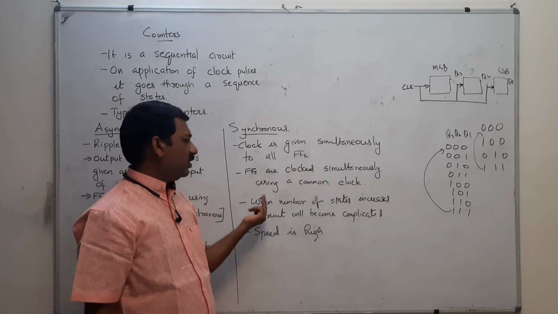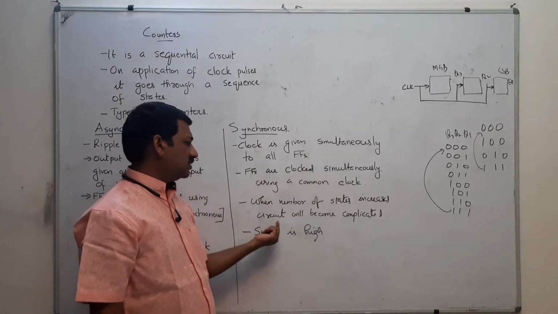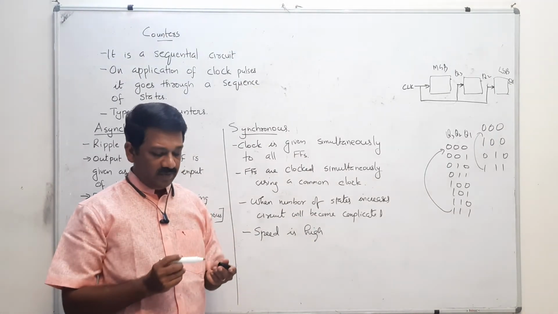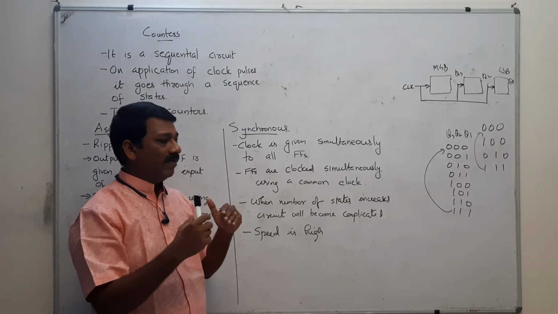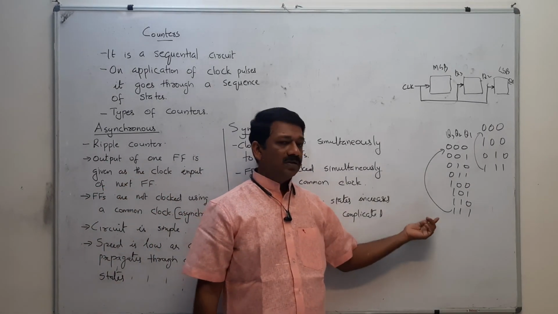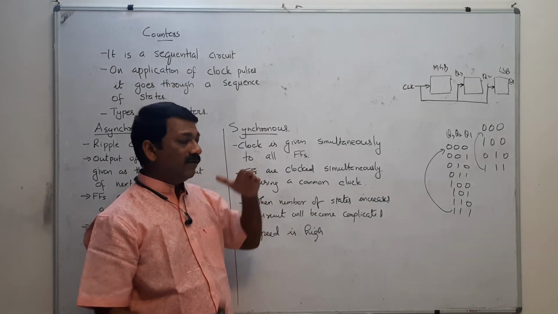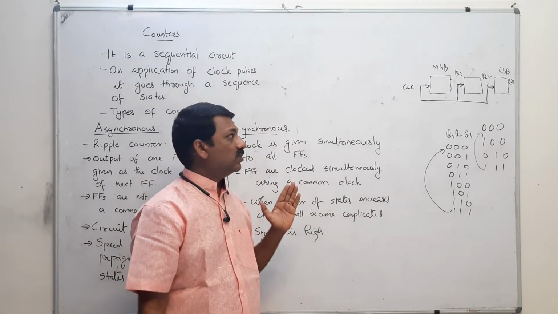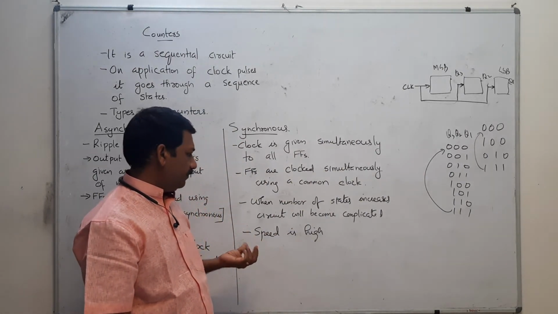Flip-flops are clocked simultaneously. That is why the name synchronous counter. When number of states increases, the circuit will become complicated. Suppose that this is a 3-bit counter, and you have 4-bit, 5-bit, 6-bit, etc. Then if the number of states or number of flip-flops increases, the circuit will become complicated.